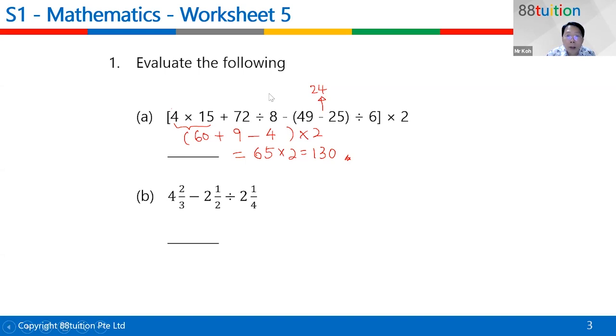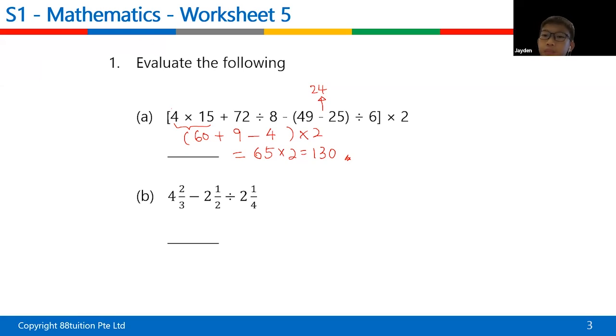Okay. Hey, so Jaden, you only show me A. You didn't show me B, is it? Okay, I wait for you to show me B before I start doing B. In the meantime, maybe the rest of you can work on B, see whether you know how to do B or not. Mr. Ko gives you 1 minute to work on it.